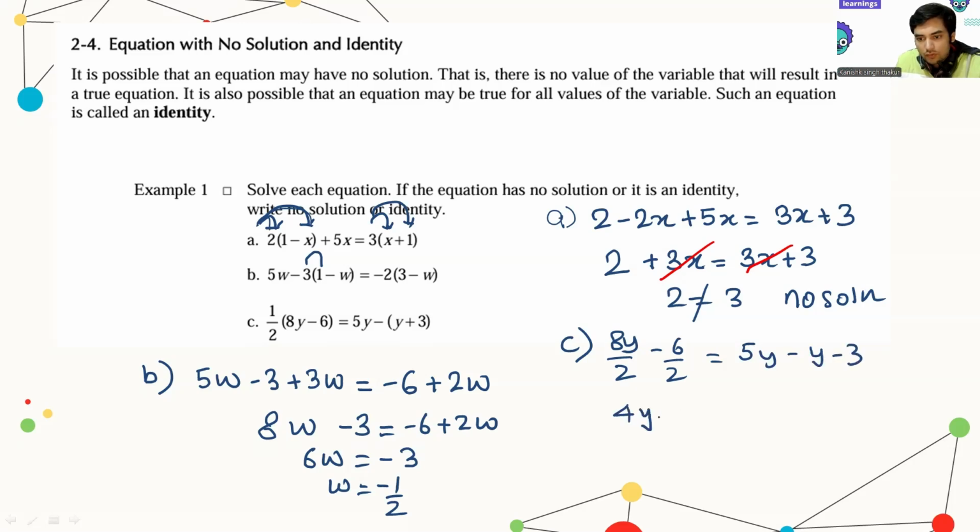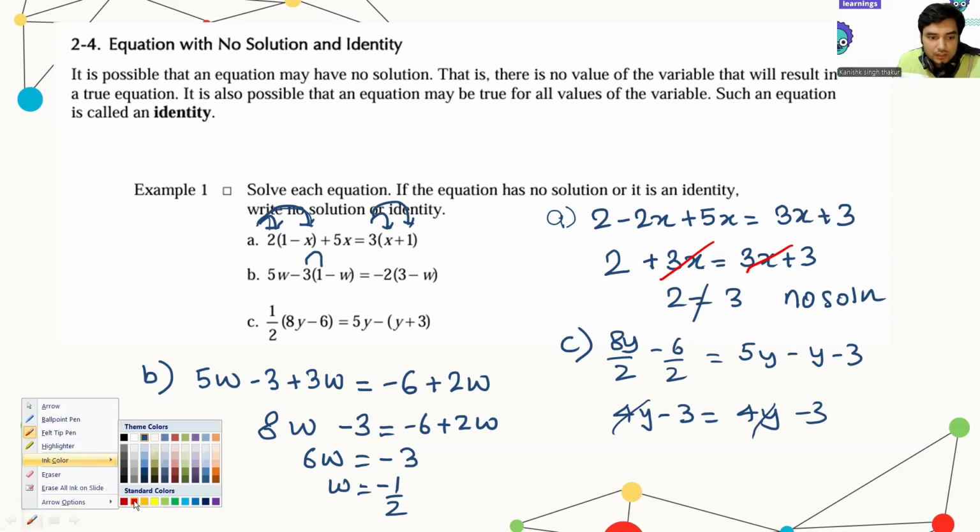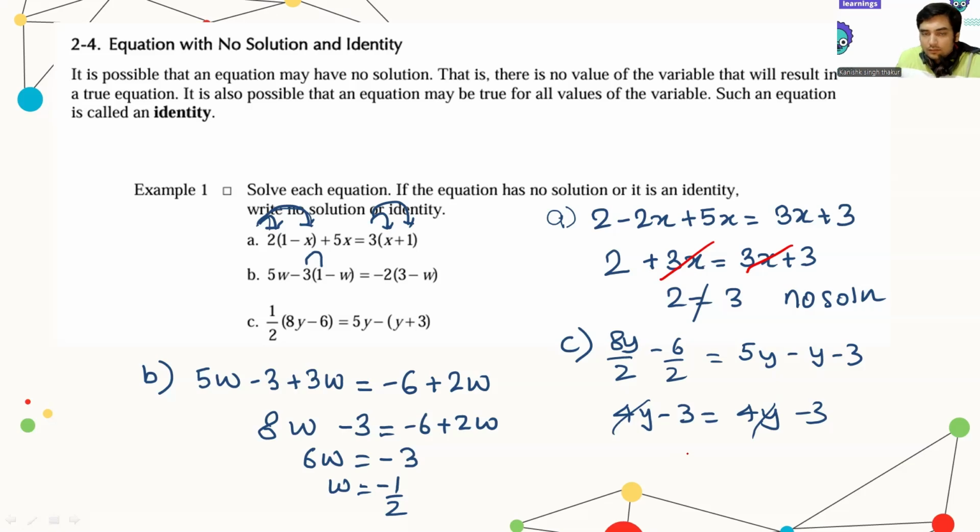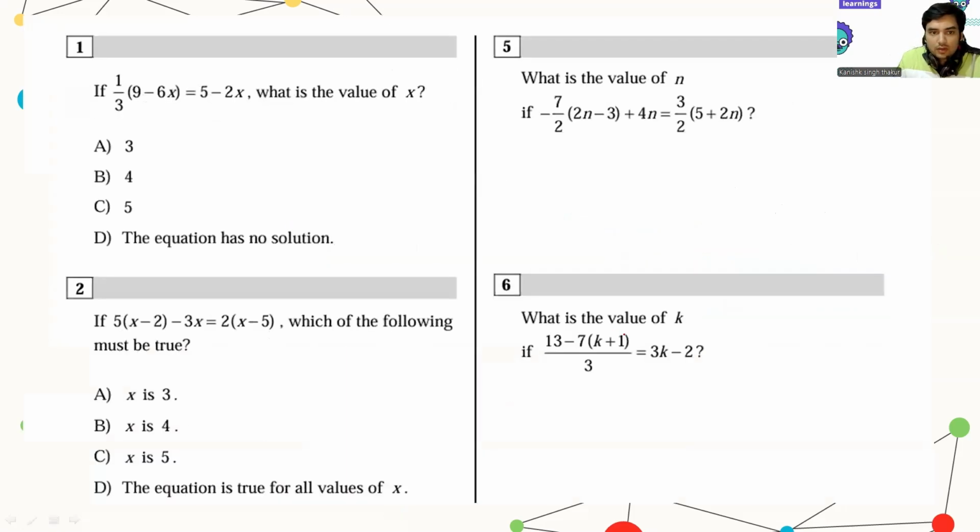So 4y minus 3 is equal to 4y minus 3. Now 4y gets cancelled, and negative 3 is equal to negative 3. So this is an identity. It holds for every value of y. This is no solution, this is identity, and this is one single solution. Obviously, since you have one variable, it's linear, so it will have only one solution.